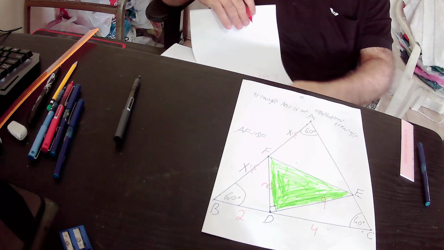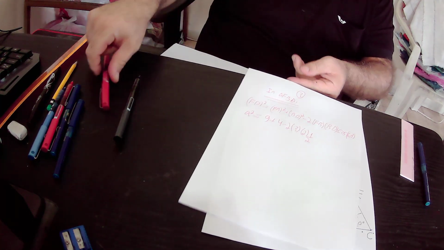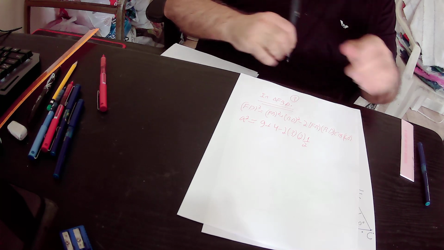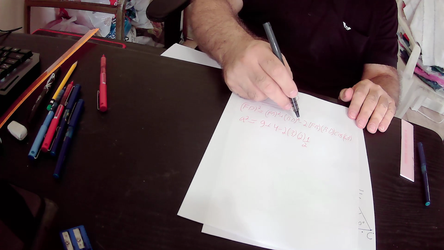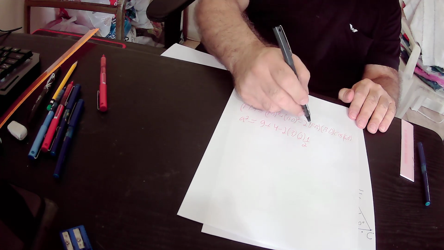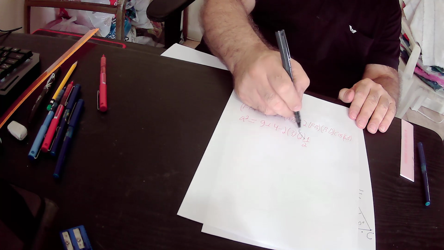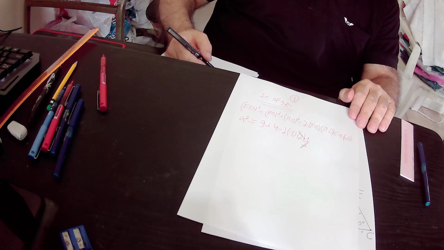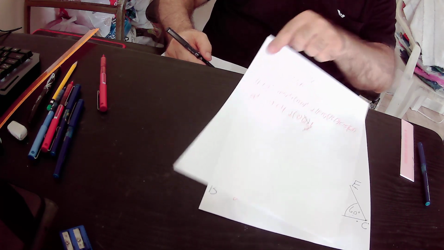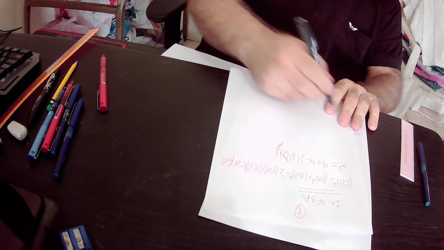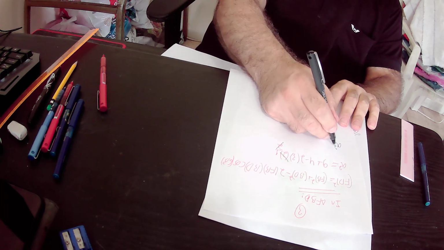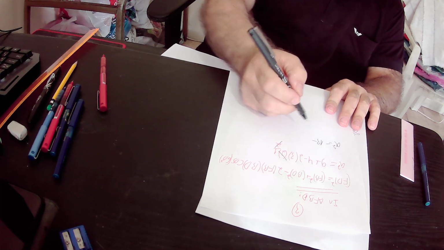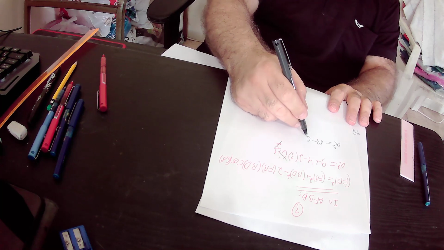So in total we got that A square equals 9 plus 4 minus 2 times 3 times 2 over 2. 2 over 2 is 1, so 2 is cancelled. So after we cancel 2, what is left is A square equals 9 plus 4 is 13, minus 2 times 3 is 6.